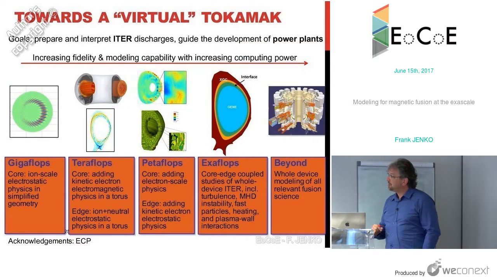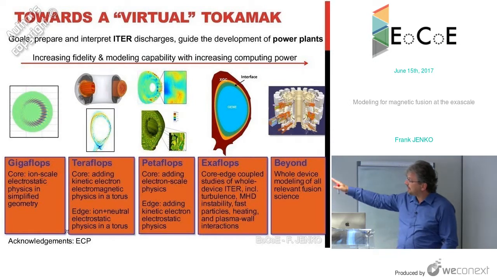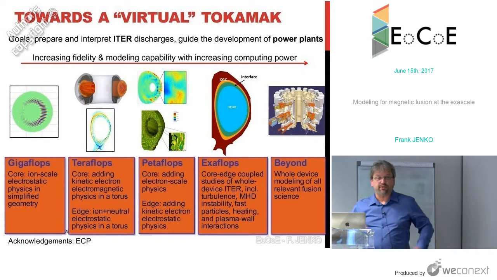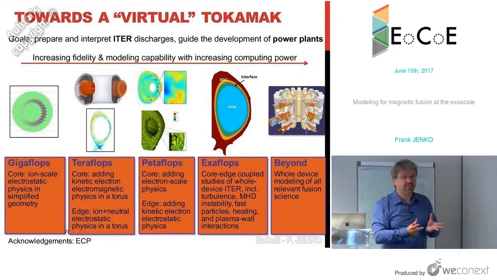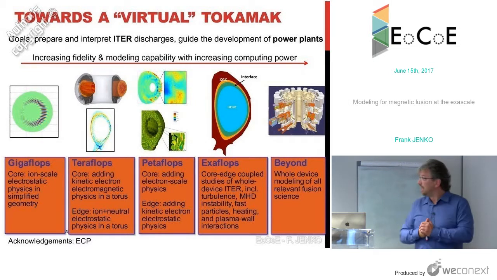This slide gives you an overview of our past trajectory and looks a little bit into the future. Roughly in the 70s, 80s, we started to do simulations that were very idealized. The geometry was idealized. The physics was significantly simplified.